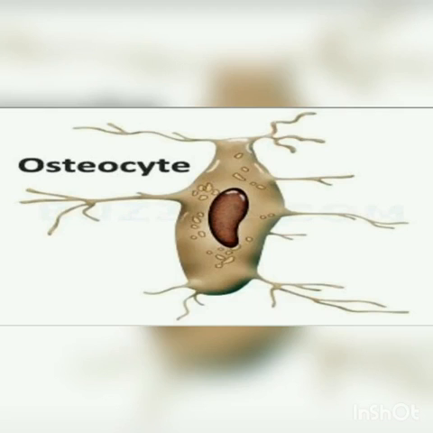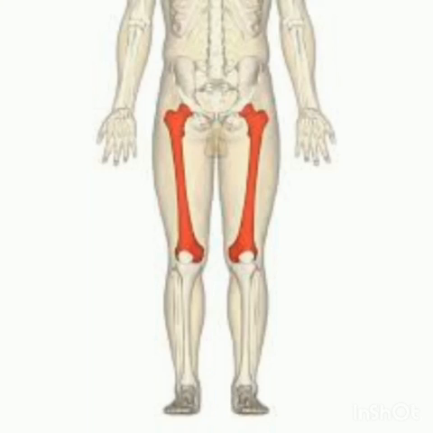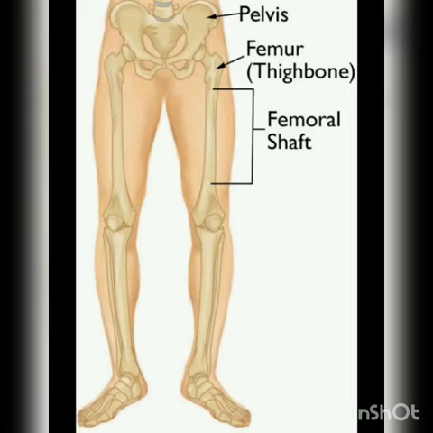The limb bones such as the long bones of the legs serve weight bearing functions. Take the thigh bone, the thigh bone is a long bone, so it serves as weight bearing. It bears our entire weight. They also interact with the skeletal muscles attached to them to bring about movements.